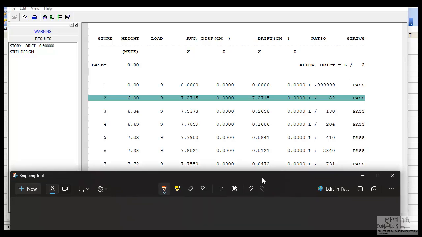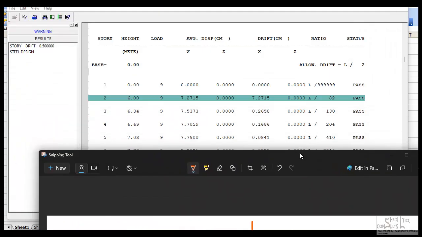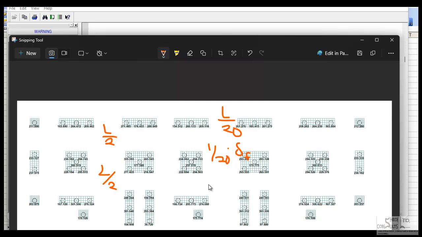And the calculation of the drift from the analysis is 7.2715 millimeters, cm rather, which is 0.07215. So this is equal to L over a drift factor, which I represent as Dirac. So Dirac then becomes L over 0.07215.